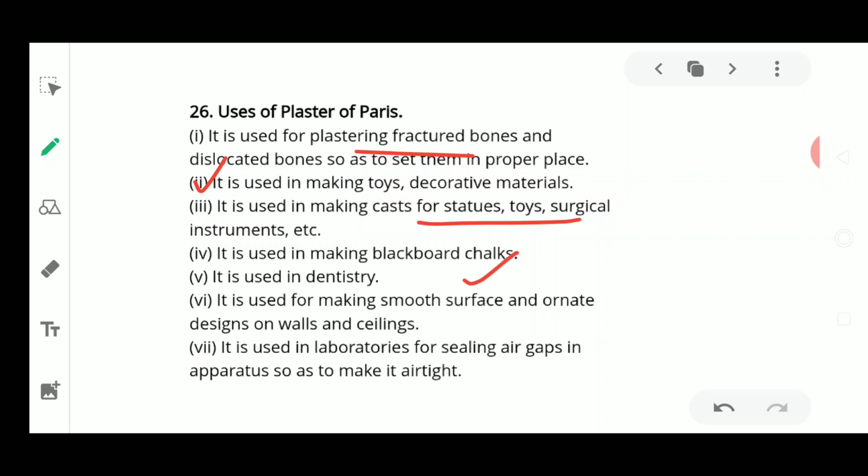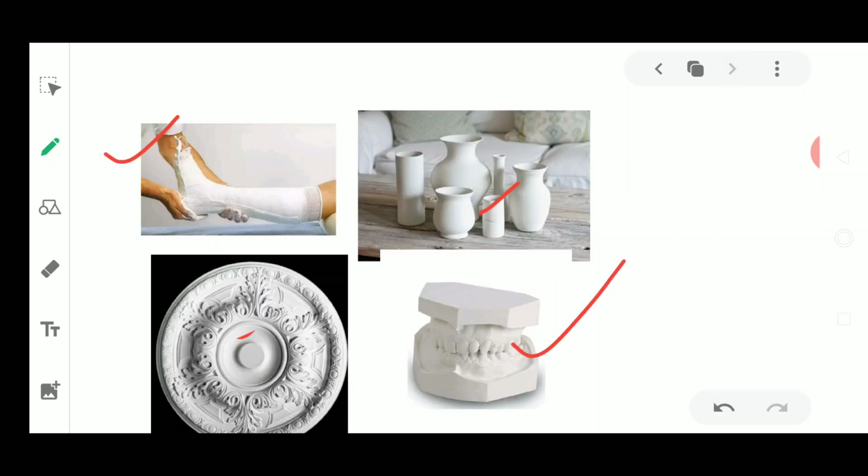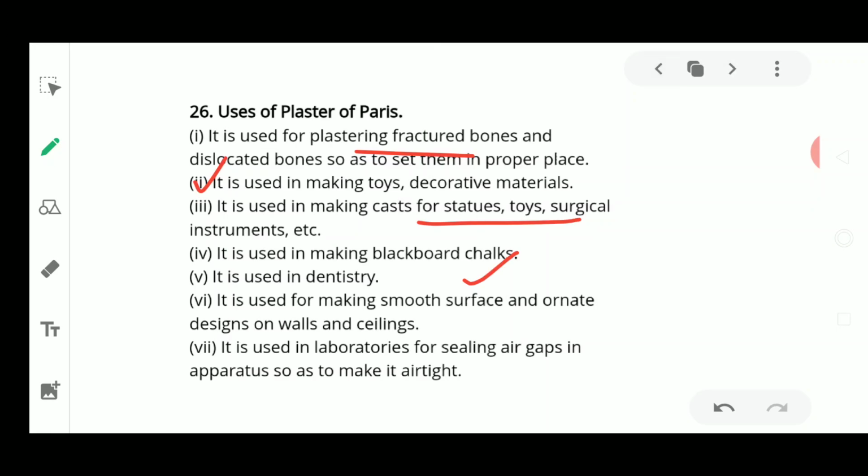What is this dentistry? It means it is used in making molds of teeth, and sometimes whenever a filling has to be done, a small amount of plaster of Paris is used in filling these gaps. So it is used for making molds of the teeth, so that the teeth can be molded very properly.